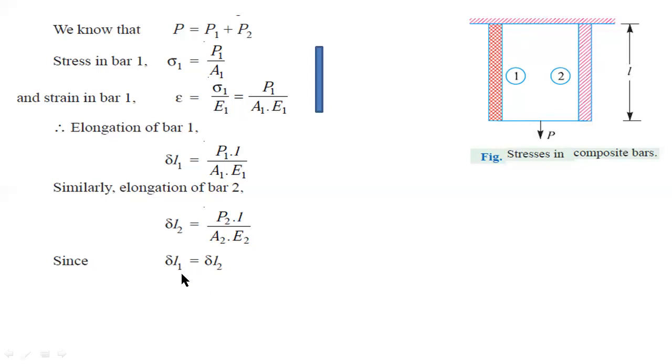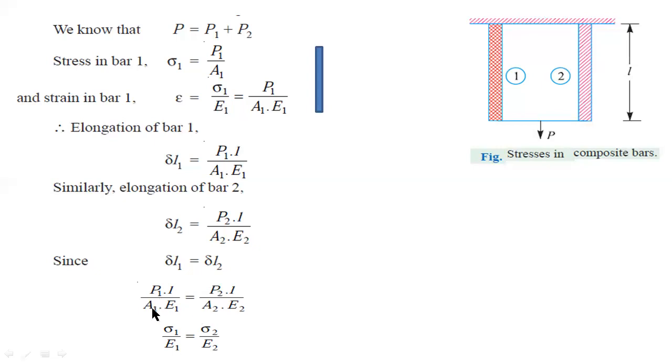Here you have to substitute the values of delta L1 and delta L2. Then L is the same, so you cancel the length L on both sides, and you get P1 by A1 equal to P2 by A2.